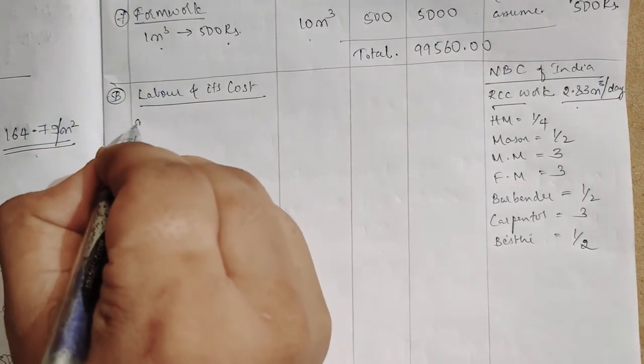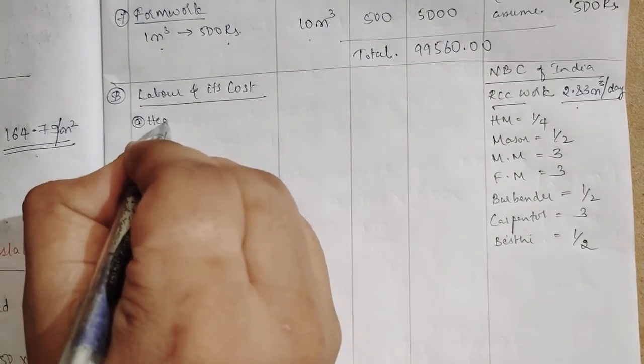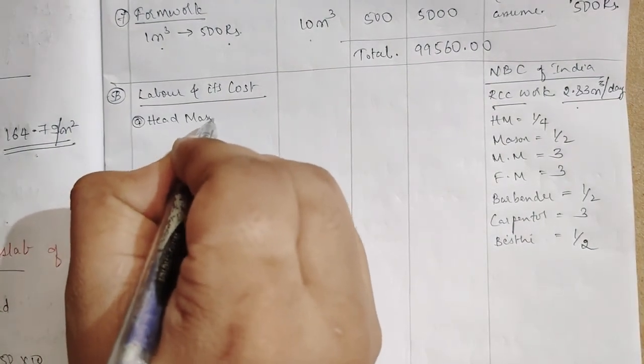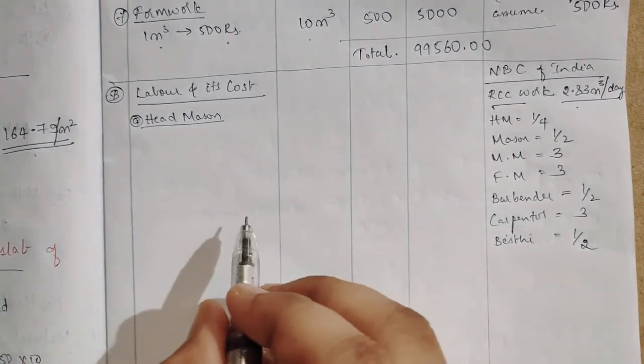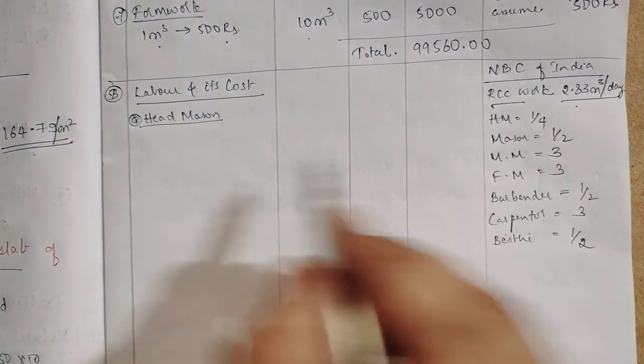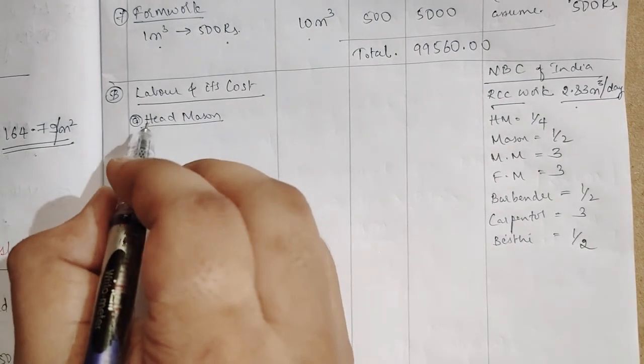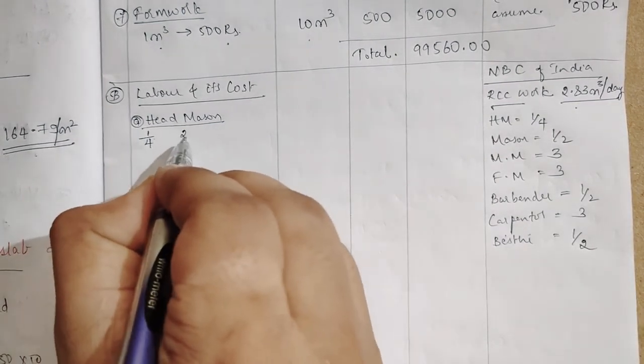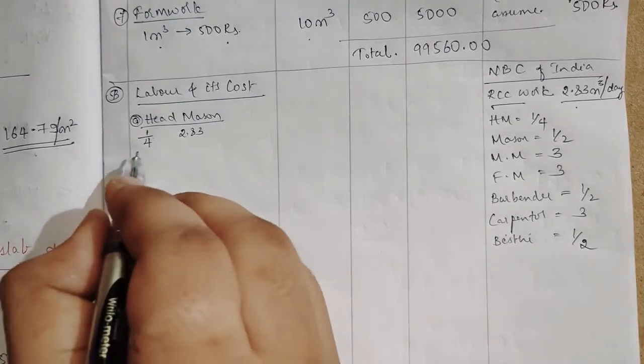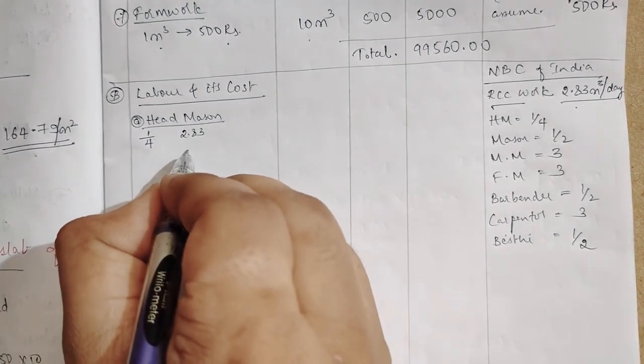So first I will take head mason. So how to calculate? I'll show you again here. So it is basic. For 1/4 for 2.83 meter cube of work, what is our meter cube of work? It is 10.